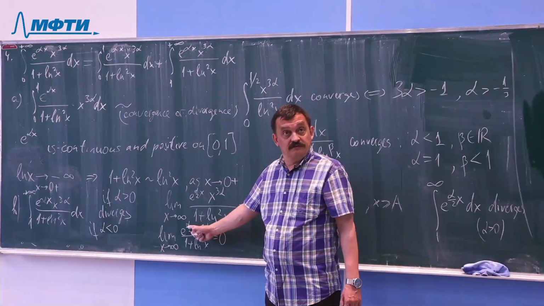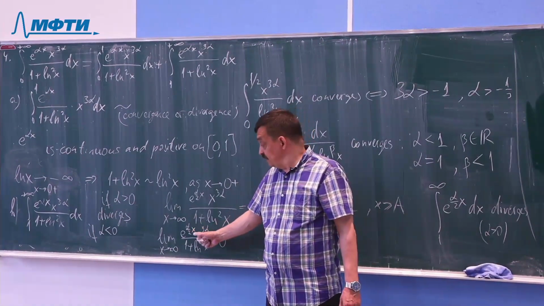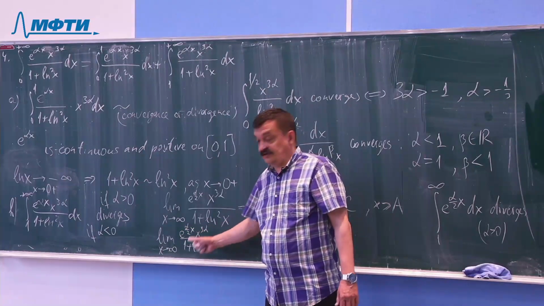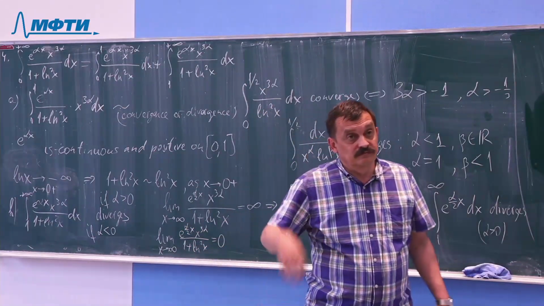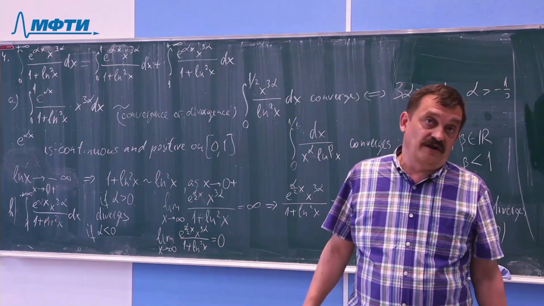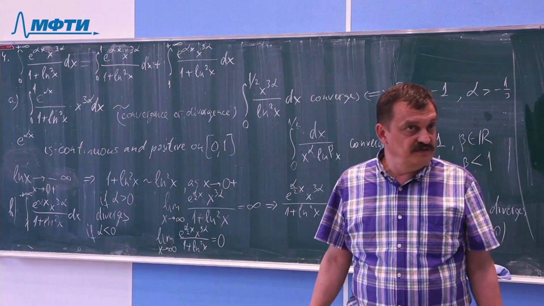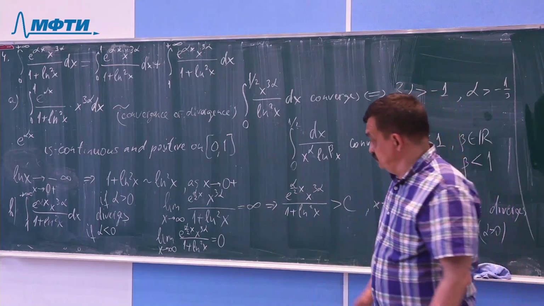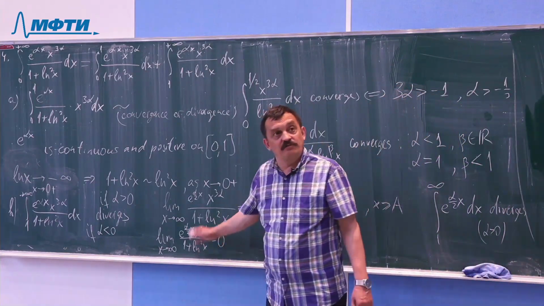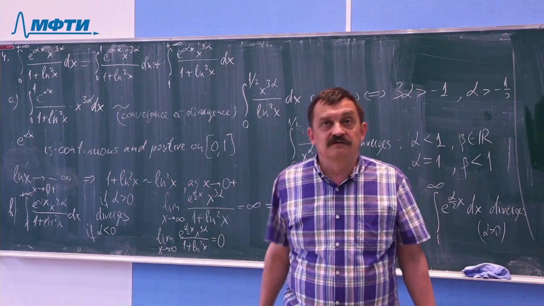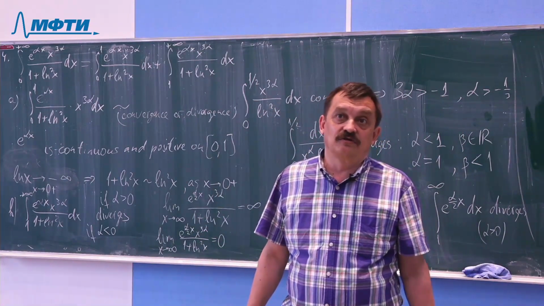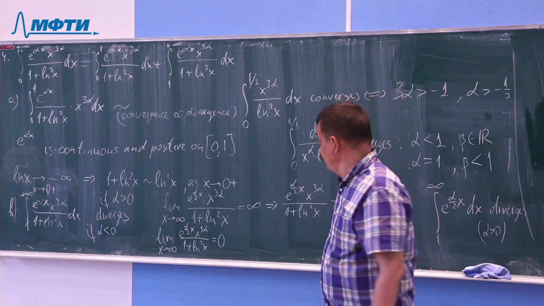When we have a negative exponent, it tends to 0 faster than an arbitrary power of x or logarithm tends to infinity. It kills an arbitrary power function or logarithmic function, right?